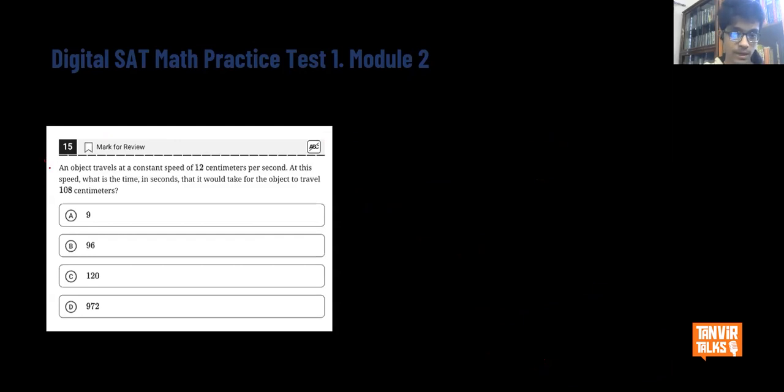ওকে, এরপর বলছে কি an object travels at a constant speed of 12 centimeters per second. Okay, and the speed was the time in seconds it would take for the object to travel 108 centimeters. Very good. So you can do it using unitary method, but you can also do it by using the very simple physics formula. D is equal to VT.